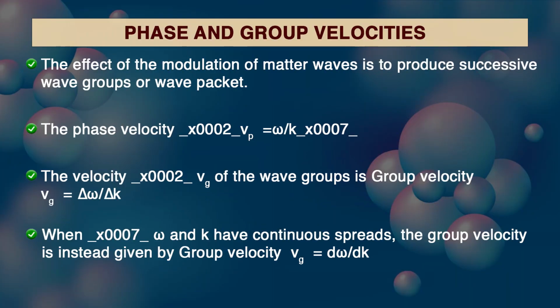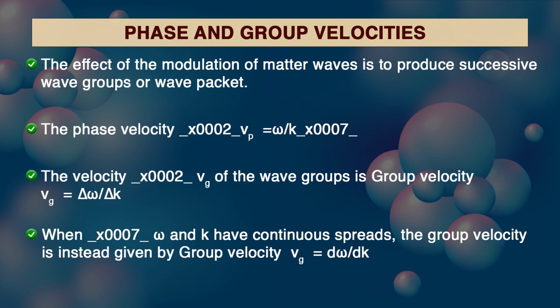Now, some more terminology we should know about the matter wave: the phase velocity and group velocity. If you want to calculate the velocity of the matter wave, then with conventional mathematics, the velocity of a progressive wave is given in terms of its frequency and lambda: v equals nu multiplied by lambda.